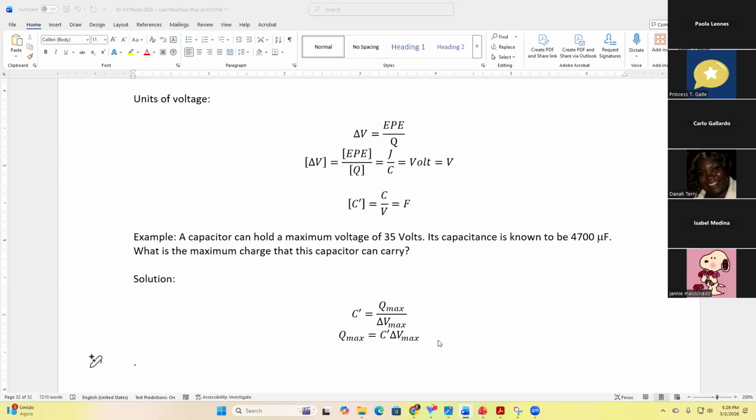No matter what the voltage or charge you use, the capacitance is always going to be the same.